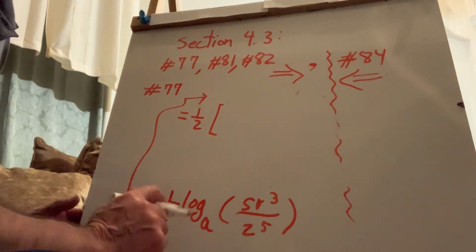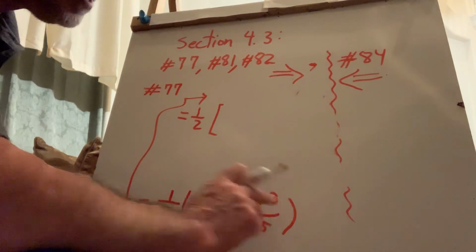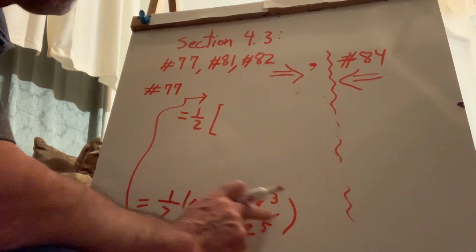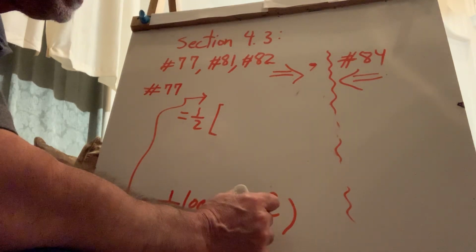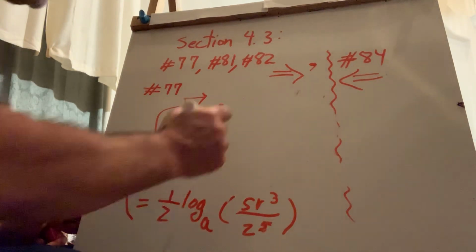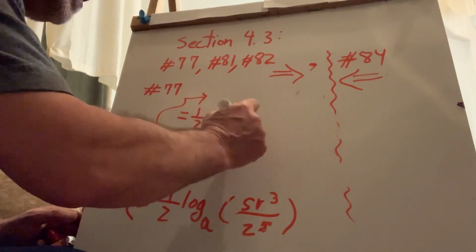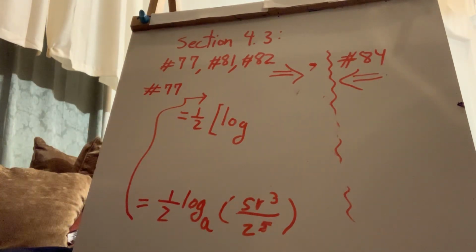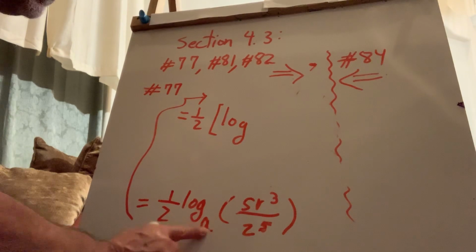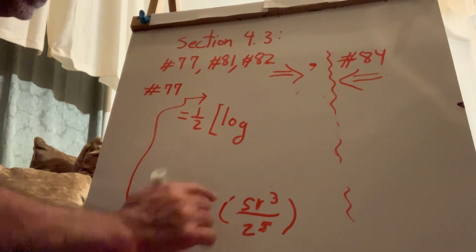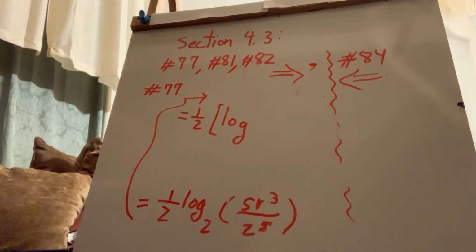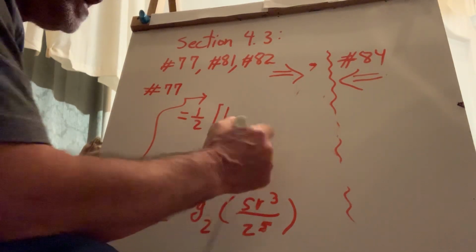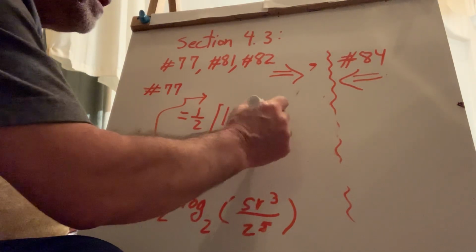So what does the quotient property say? It says the log of the quotient is the log of the top, whatever the top is, minus the log of your bottom, your denominator. So in this case, that will be log base, should be base 2, not A. So we have log base 2 of the numerator, which is 5r cubed.